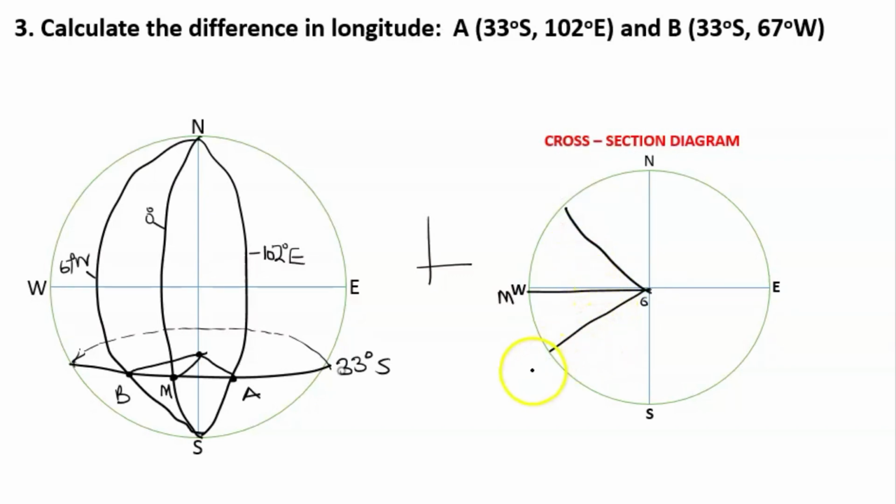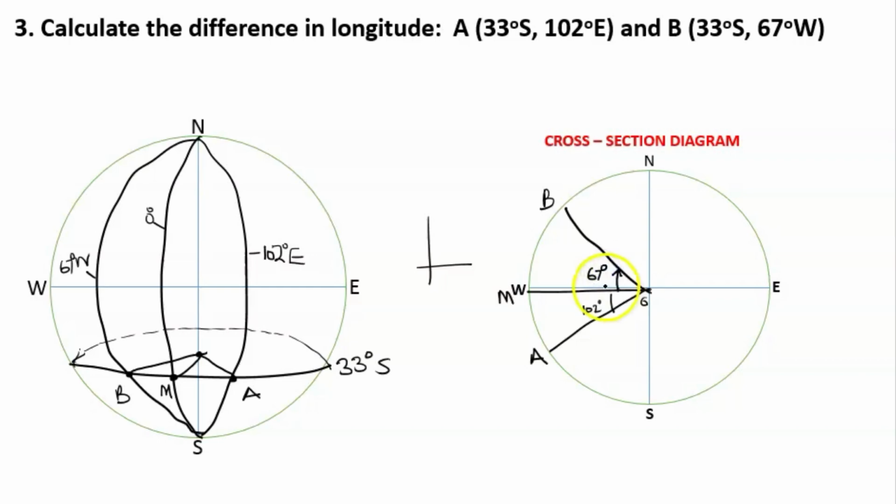Depending on what you label, towards the south is my A. Then towards the west is my B. So you can have it like this. Then from this 0 to point A, that's where I recorded 102 degrees. Then the arrow should go from this prime meridian to that side, which is my 67 degrees west.